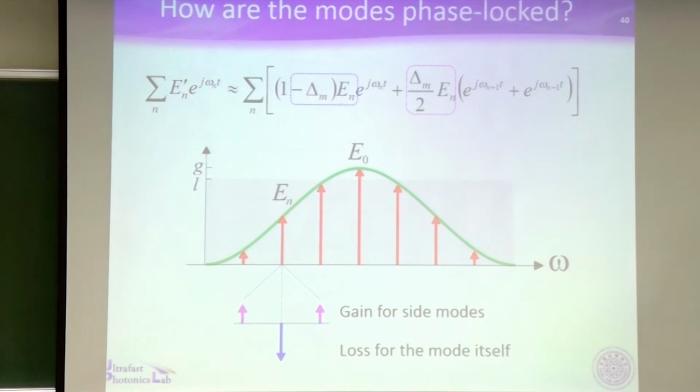Then you have phase locking, in phase. Okay? So that is the answer to why all these modes can oscillate in phase. Because of the energy transfer mechanism due to the loss modulator. Okay.